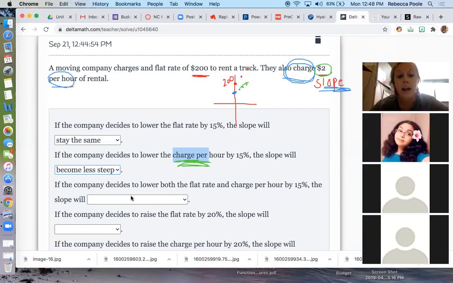So let's keep going. If the company decides to lower the flat rate and the charge, let's see what happens. So look, this is my original line. It started at 200 and we were going up 2 over 1, up 2 over 1. So it's pretty steep. If I lower the base, does that change the slope?